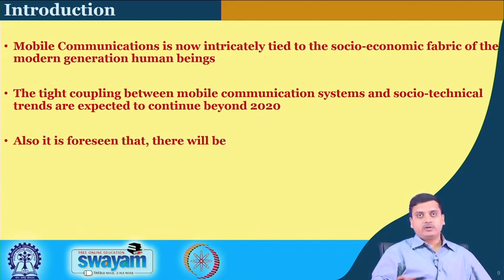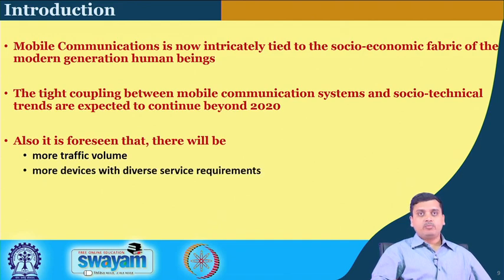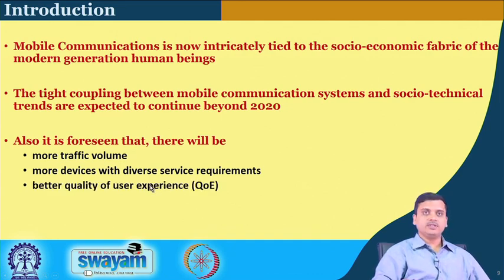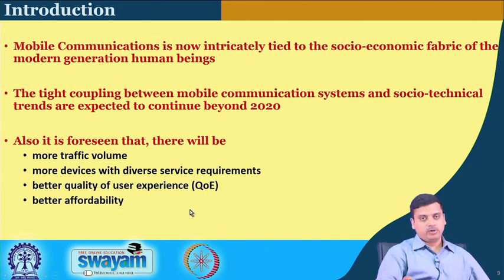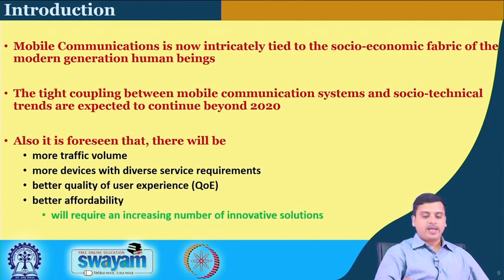It also states that it is foreseen that there will be more traffic volume. This is one of the interesting things which we will explore, and more devices, diverse requirements, we will see all of these things, and better quality of user experience. That is to be supported, and better affordability, because with more affordability there is more proliferation, and if there is more proliferation, then there is more enabling of different kinds of services as well as administration and many more things, and it will require an increasing number of innovative solutions.